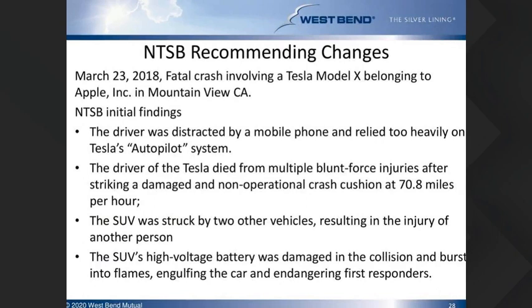And then I'm going to finish up some of our crash scenarios here with a recommendation change that the NTSB is coming out with, a more recent crash that happened on March 23rd, 2018. It was a fatal crash that involved a Tesla Model X belonging to Apple Incorporated in Mountain View, California. During the initial findings, the NTSB identified that the driver was distracted by a mobile phone and relied heavily on the Tesla's autopilot system.